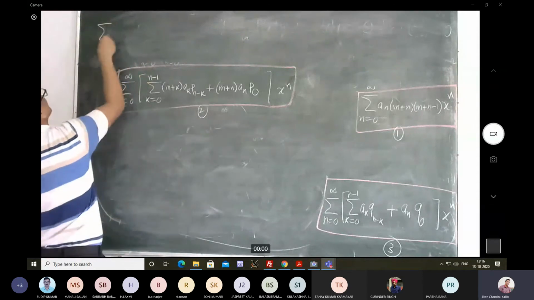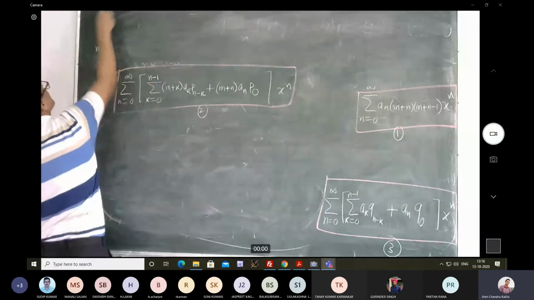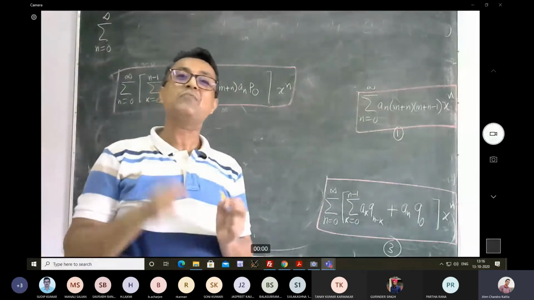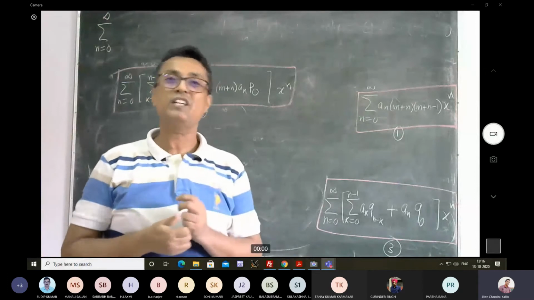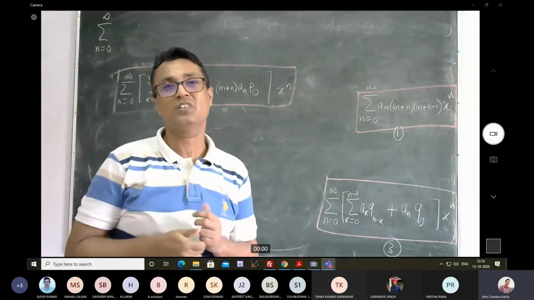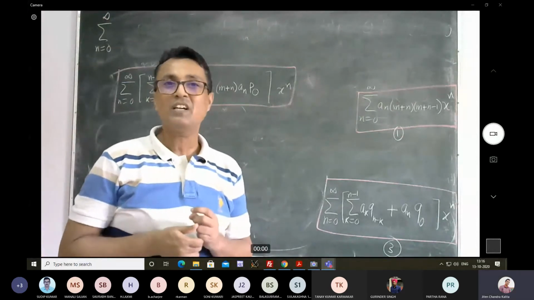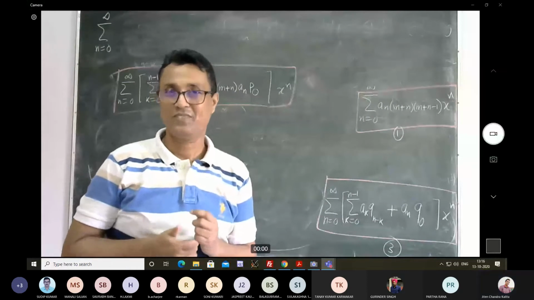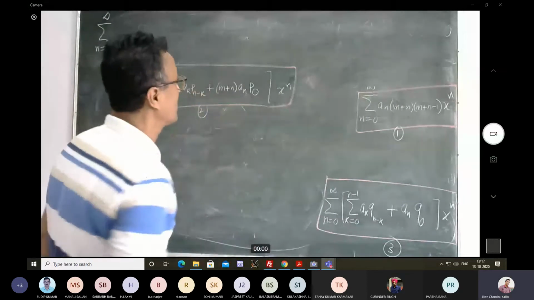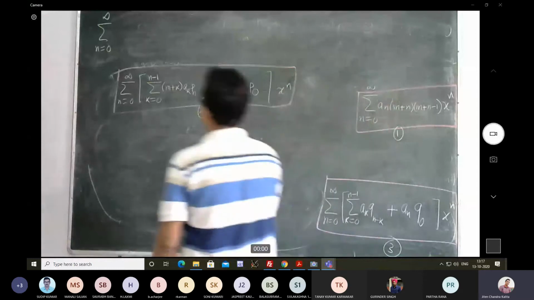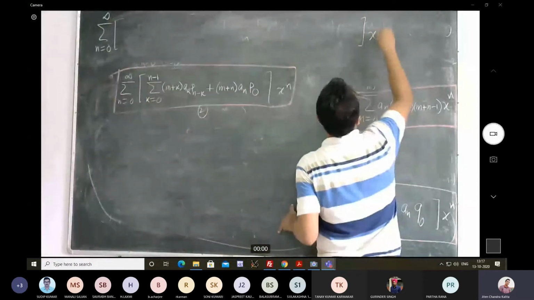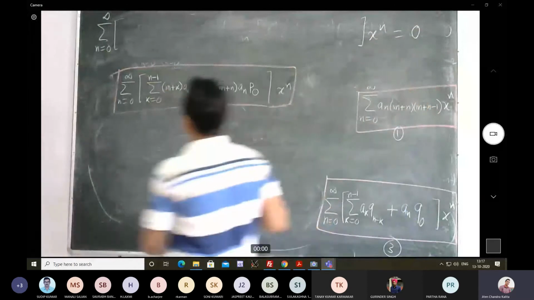from here n equal to 0 to infinity. So now what I am going to do, firstly, I am going to rope in all the terms coming along with a_n. Okay. So from here, what I'm going to do, say I am having something like this. Okay.